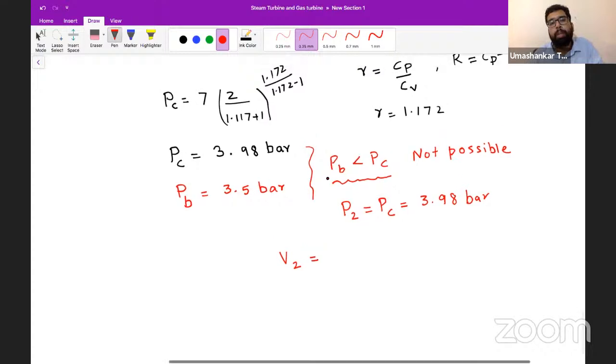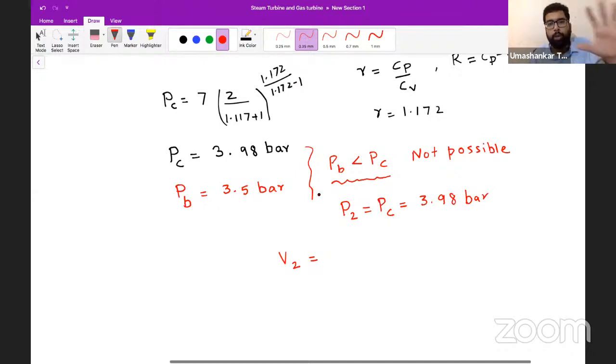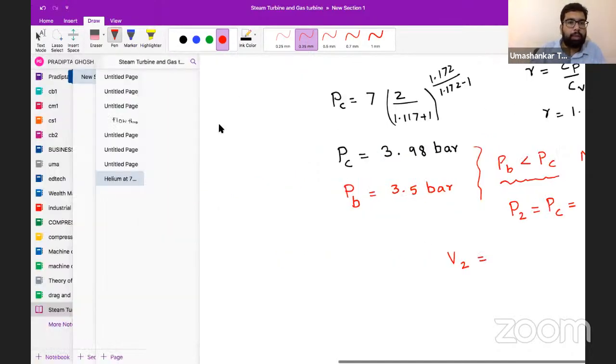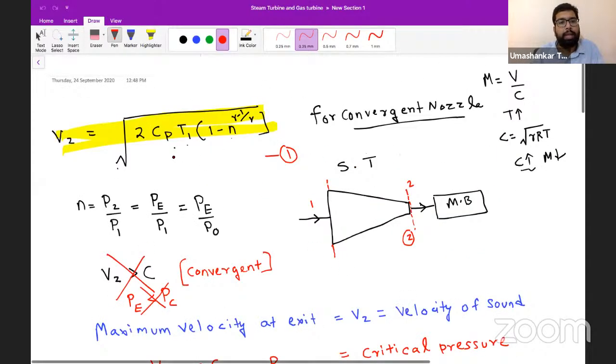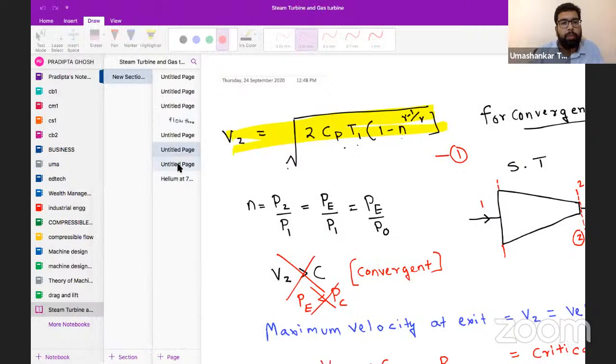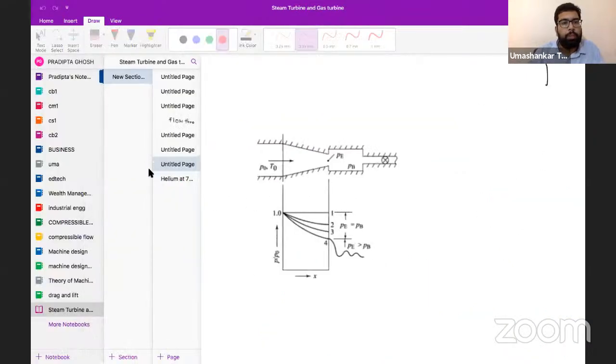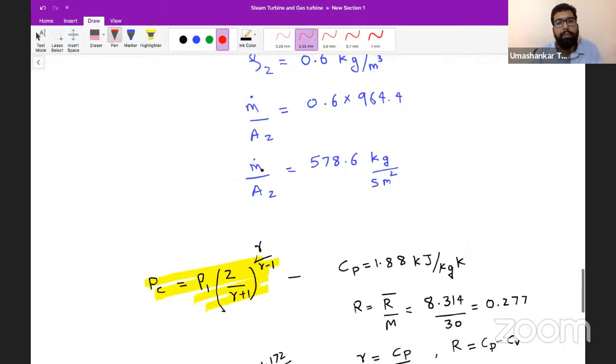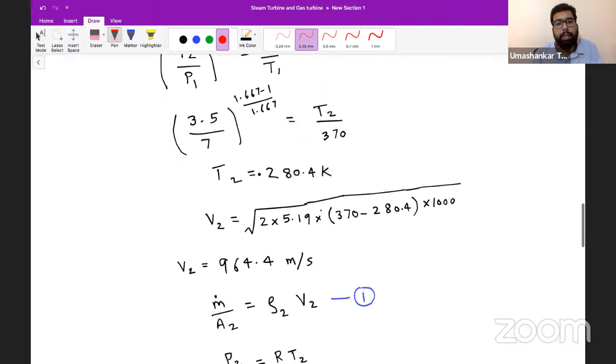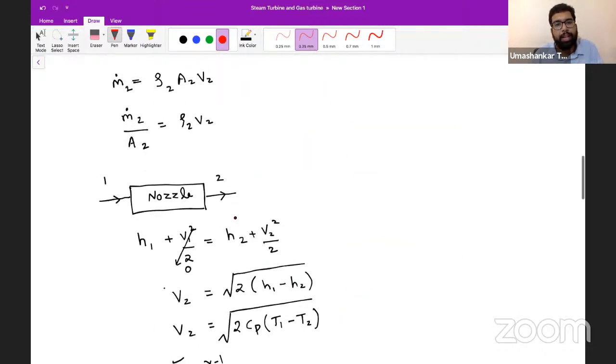Somebody will put the formula we have seen previously: V2 is equal to some big formula. Someone can use this formula again for V2. Or someone can use the steady flow energy equation.